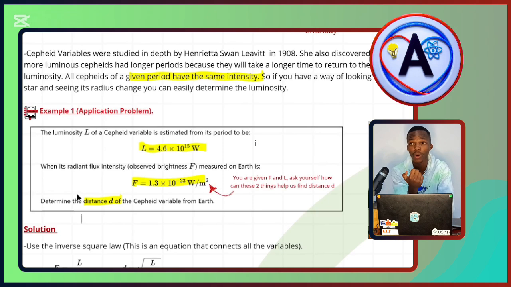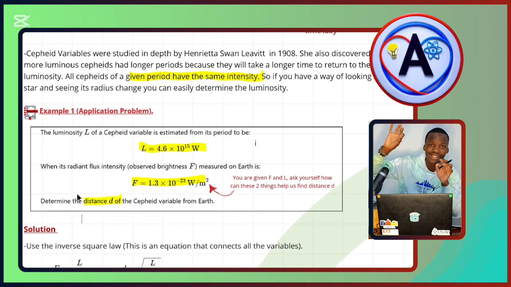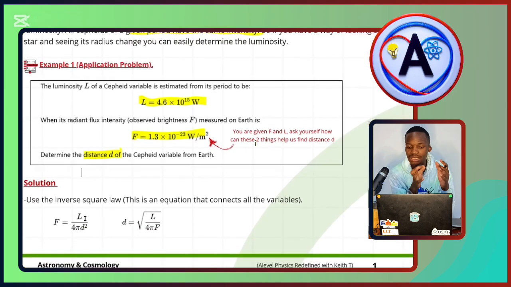You get a telescope, you look at a star, and you wait for, let's say, 30 days. If you see that it has gone from maximum to minimum, you have a little graph that helps you identify that for this period, your luminosity is this. So you now know the luminosity, and you can therefore find the distance. That's the point of standard candles.